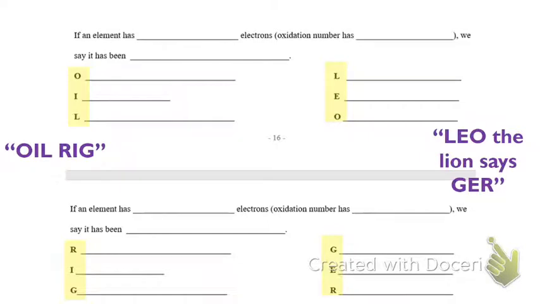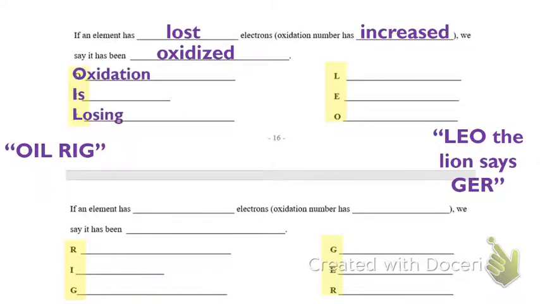So, if an element has lost electrons, and thinking about it, that means that their charge, their oxidation number is going to be increasing because they have less electrons, less negativity, so it's going to get bigger, then that has been oxidized. Oxidation has happened. And the way that these sayings are going to help us, OIL, part of OIL RIG, stands for oxidation is losing.